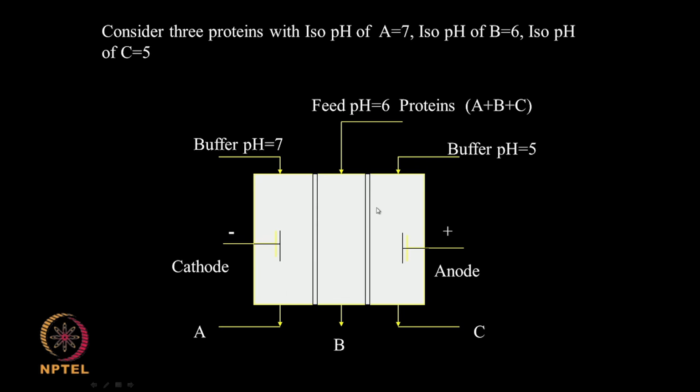This type of system is good if the isoelectric pHs are quite distinct from each other, okay, but still you can have little bit of mixing in the final compartments because you have the anode and the electrodes coming here. So, the last compartments generally are not very accurate or exact.